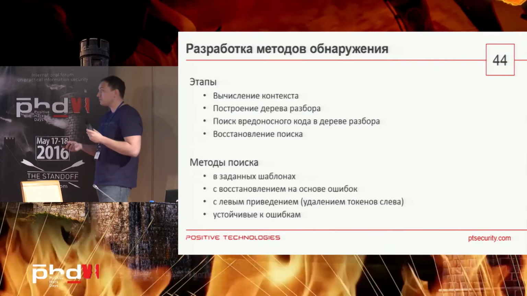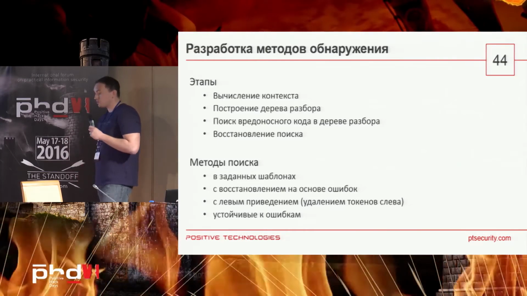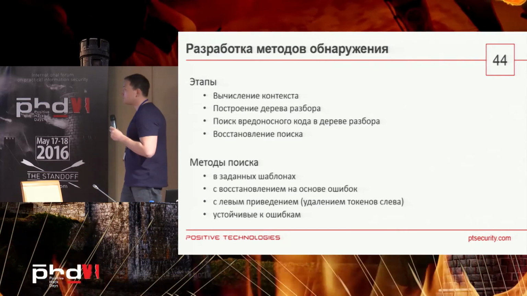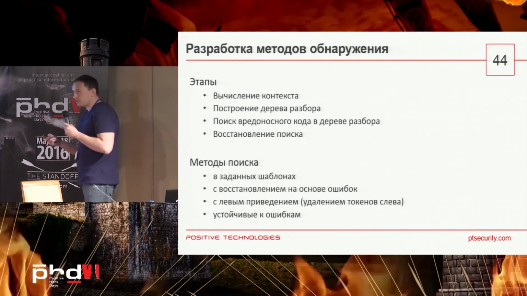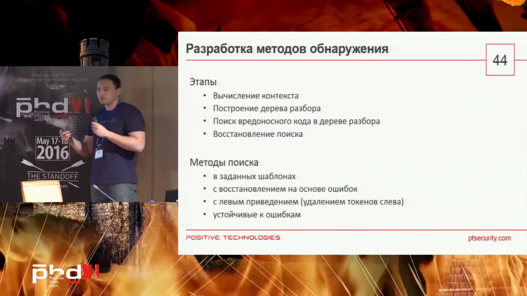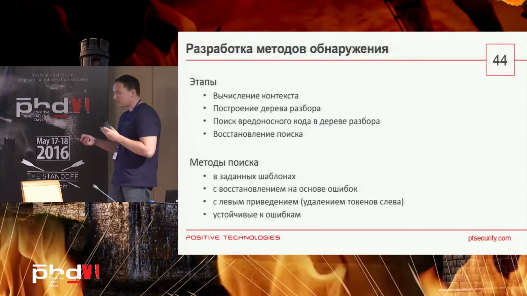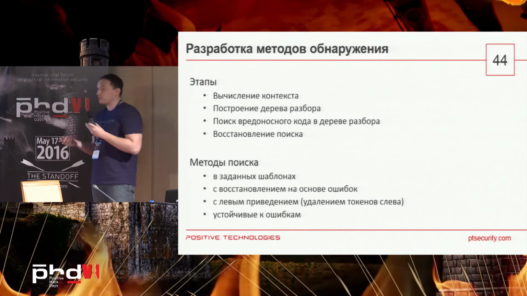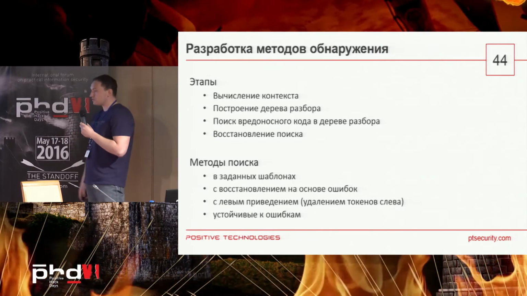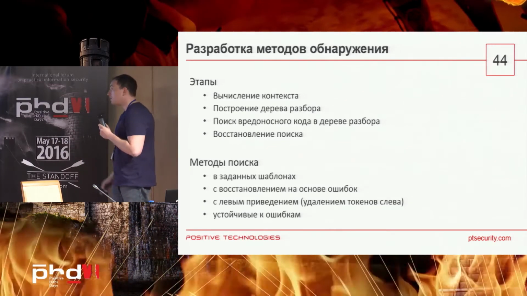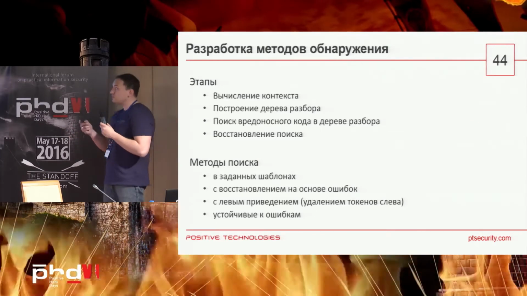So we need to understand where it can get. Then we need to build the tree and find the malicious code there. And then, if we haven't found anything, maybe we should continue the search in some way to double check that we haven't made a mistake choosing the context.